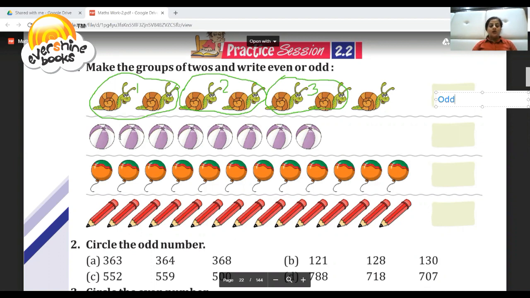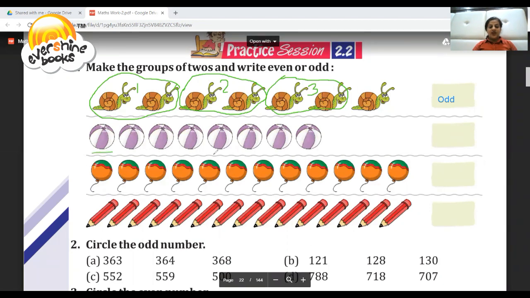Next is balls. So colorful balls are there. We are going to count them. 1, 2, 3, 4, 5, 6, 7, 8. They are 8, and they have four pairs.